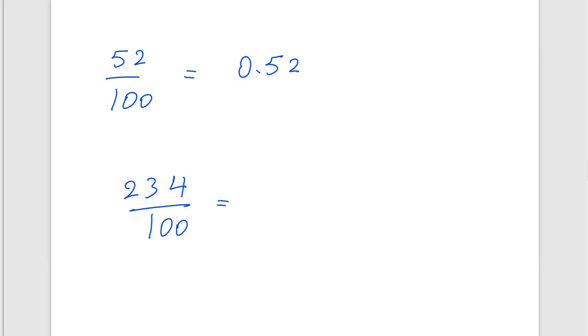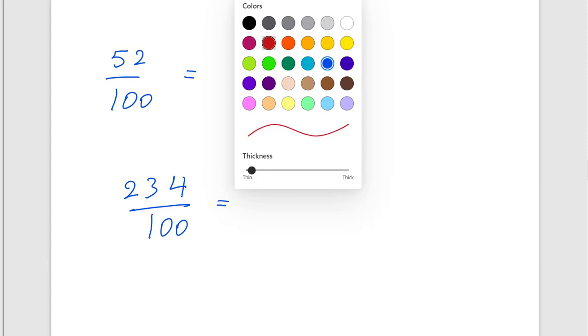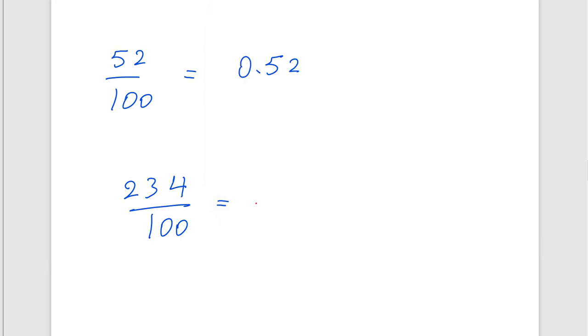Yes, give me the answer. Thank you, my hero, great work. Okay, Muhammad, the same, right? 2.34, right? Since we have here 2 zeros, so we need 2 digits to the right of the point.